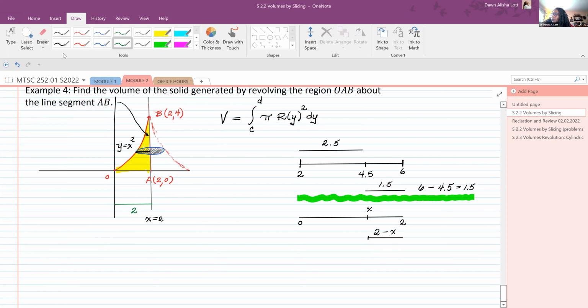But now, wherever I choose to draw my thing, this value right here is x. So therefore, if I draw a length from here to here, that length is 2 minus x.